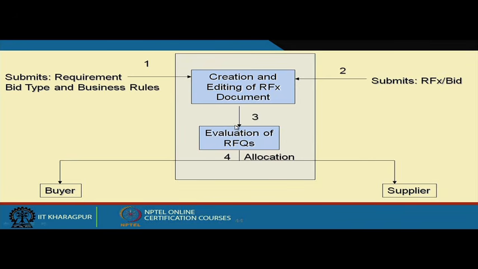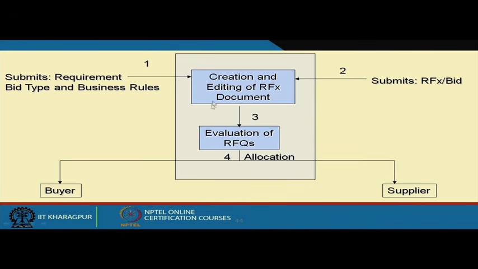In the third stage, these requirements and these bids are combined together and the RFX is evaluated. After this evaluation is over, the allocation is made and both the buyer and supplier are informed about who is the winner of this process, and he gets the order. The lowest bid supplier gets the order.